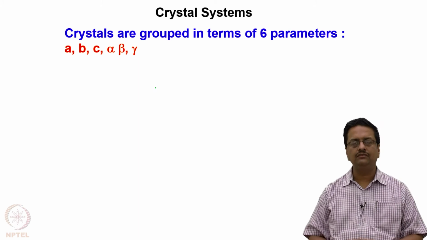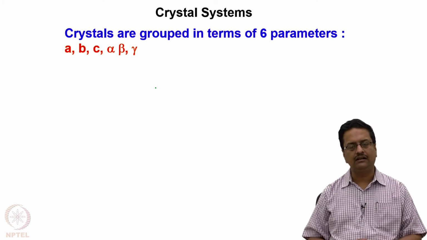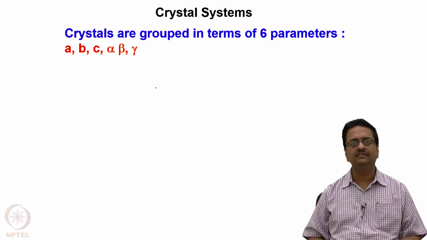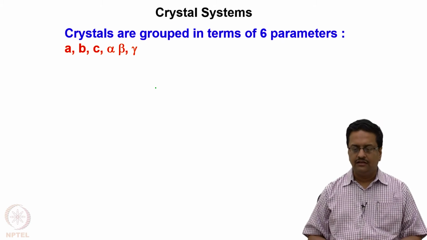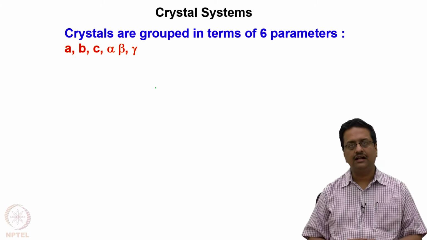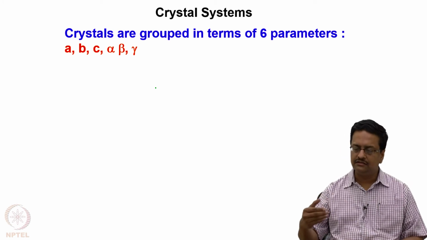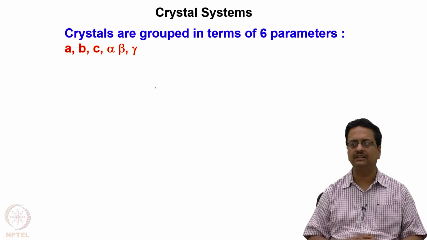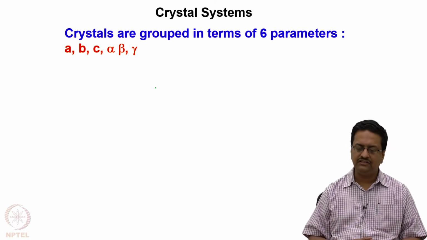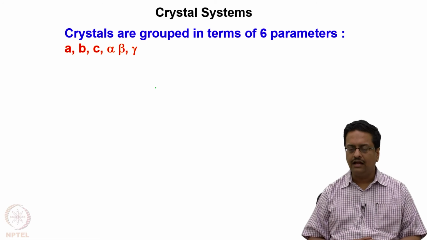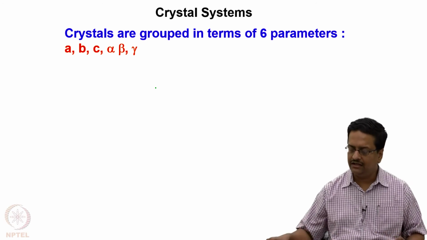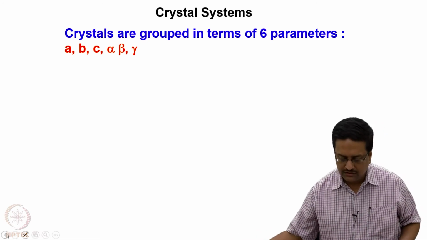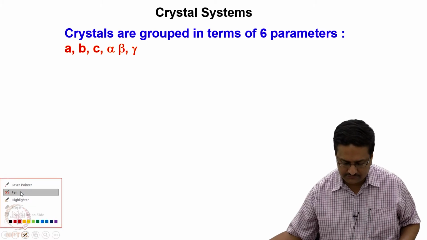So, when we try to understand what the different types of lattices possible are, we need to know about the crystal systems. Crystal systems are understood by 6 parameters, namely a, b, c, alpha, beta and gamma. a, b, c are the edge lengths and alpha, beta, gamma are the angles between the edge lengths.